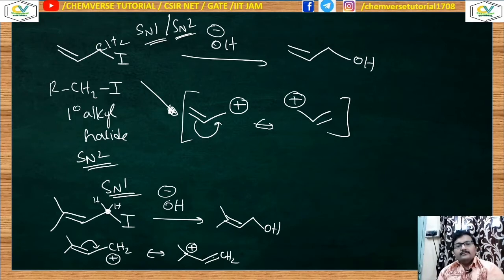This carbocation is not only stabilized through resonance, but it is also getting two methyl groups, which exert plus H as well as plus I effect on the positive charge, and this makes the positive charge a highly stable system. So I can say that this kind of carbocation is a very stable intermediate, and the molecule will try to form this intermediate. So once the molecule tries to form a carbocation intermediate, it will go via the SN1 mechanism.